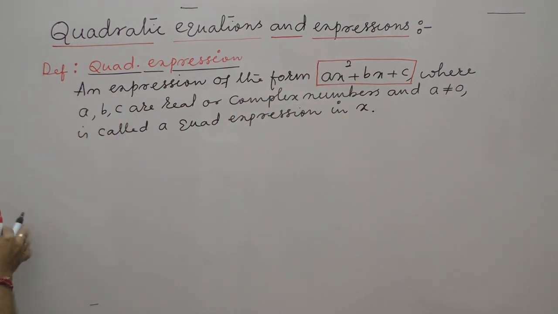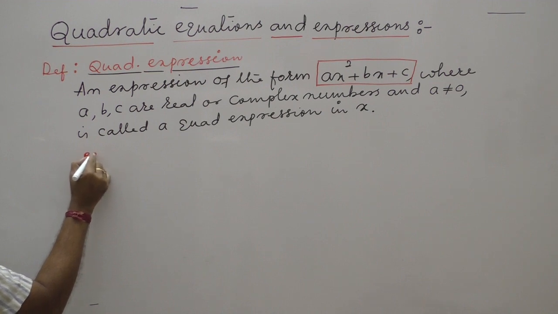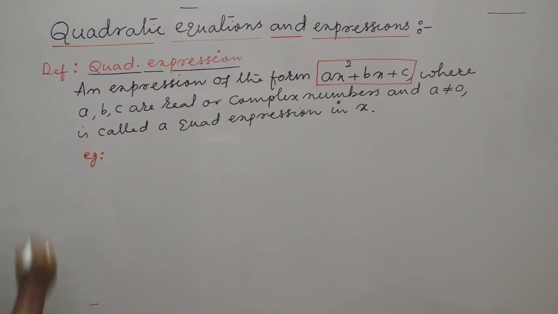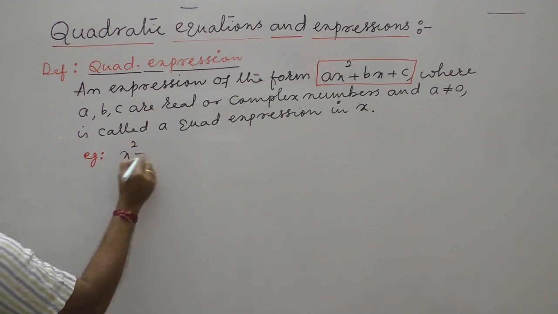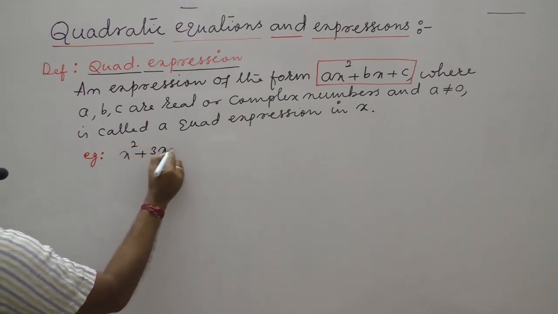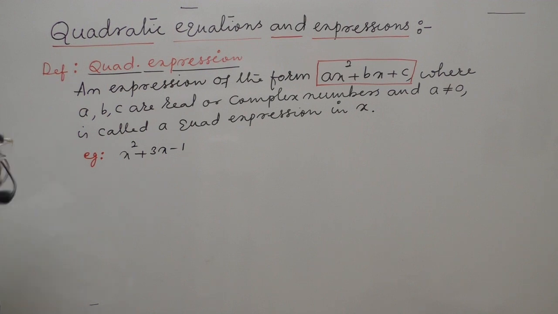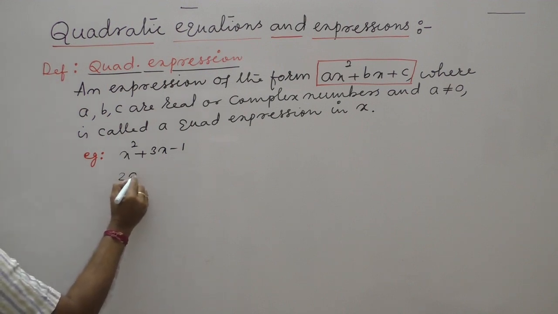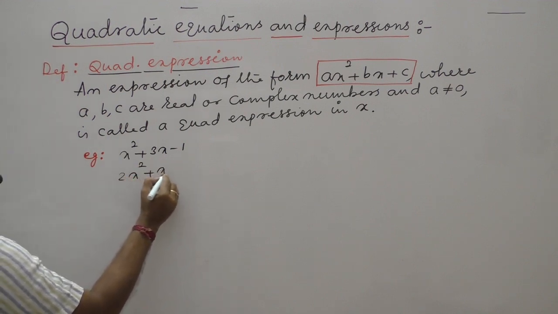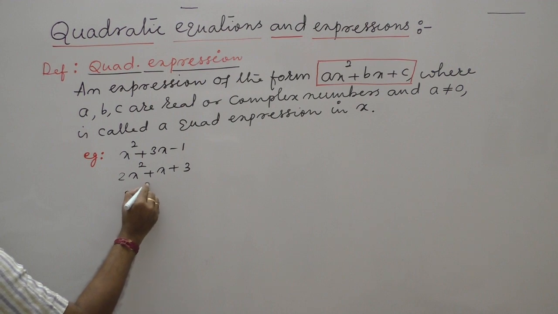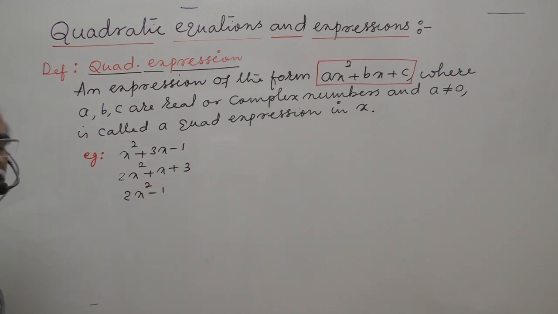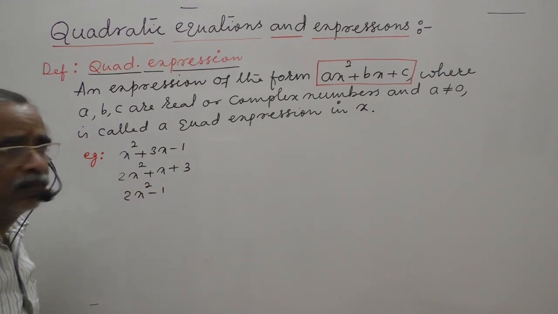For example, x square plus 3x minus 1 is a quadratic expression. 2x square plus x plus 3 is also a quadratic expression. Simply 2x square minus 1 is also a quadratic expression.